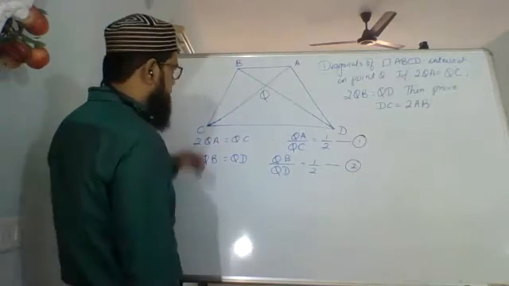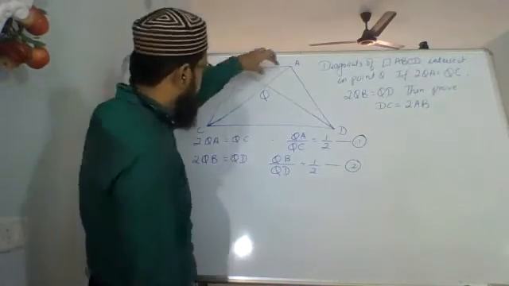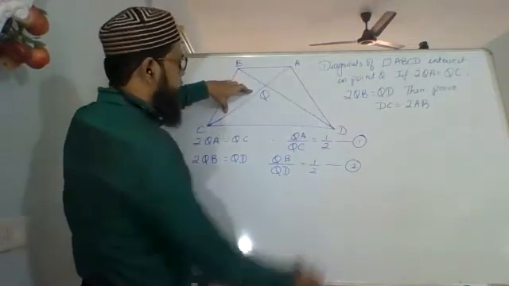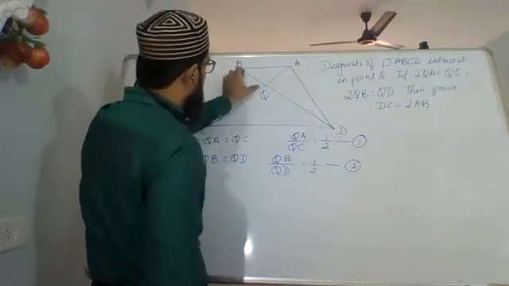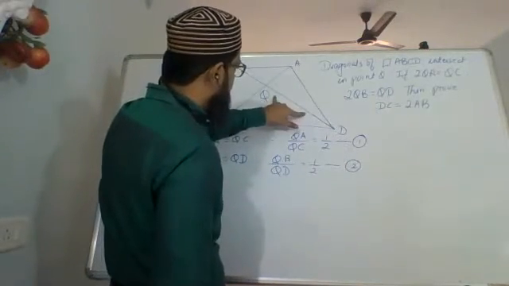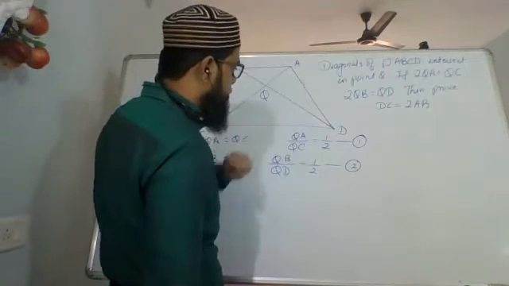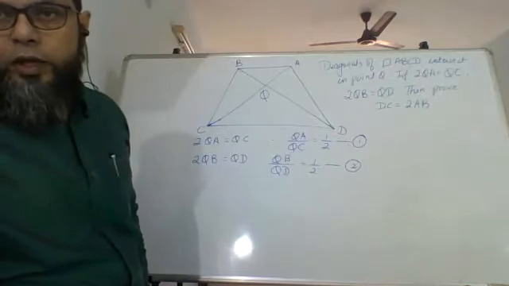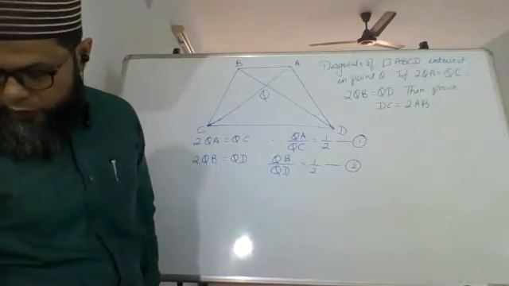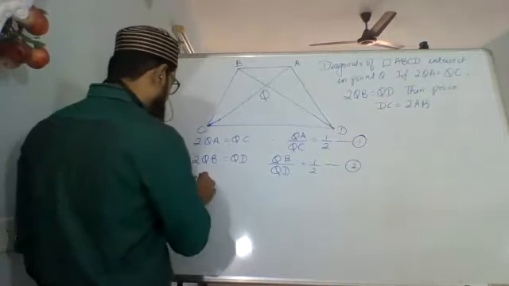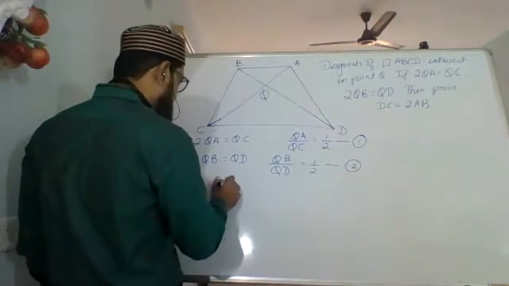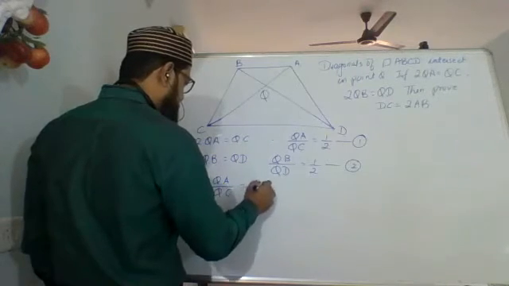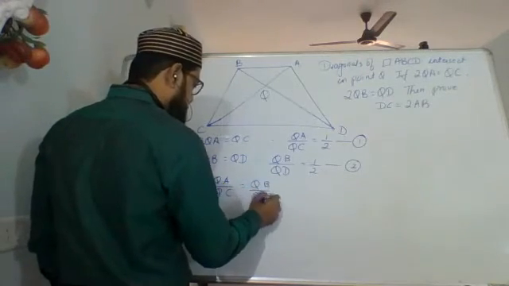Now pay attention. QA upon QC equals 1 upon 2, and QB upon QD also equals 1 upon 2. So from 1 and 2, we can say QA upon QC equals QB upon QD.